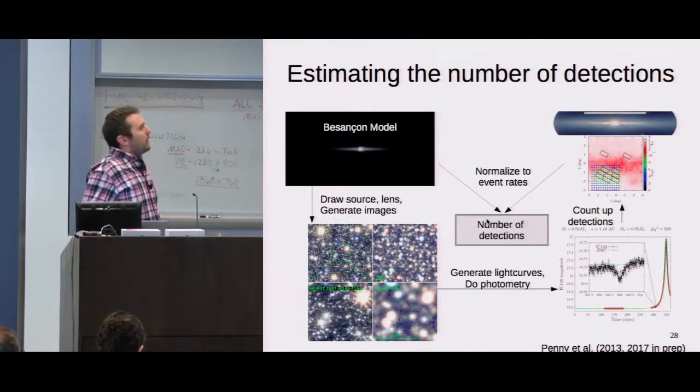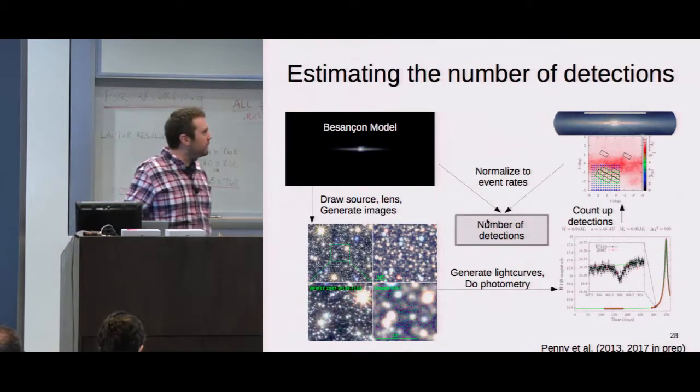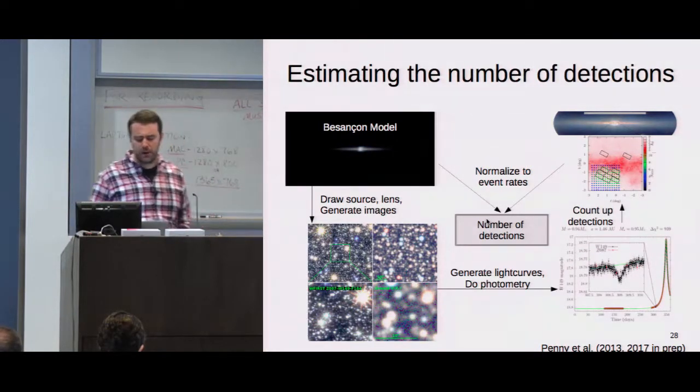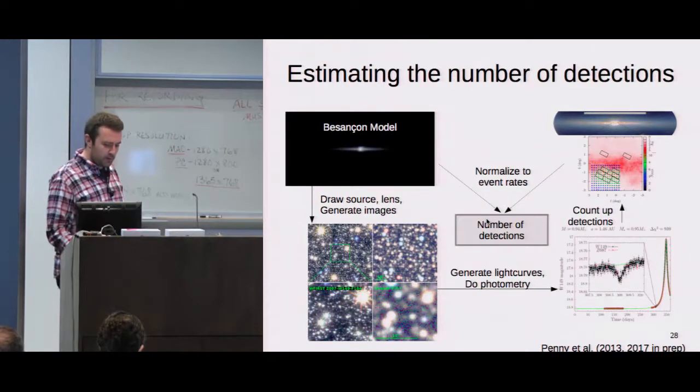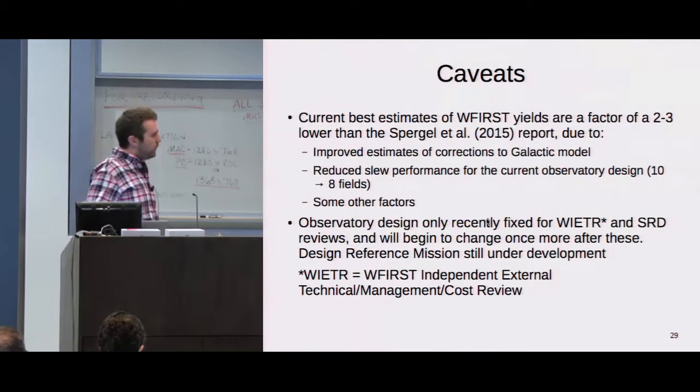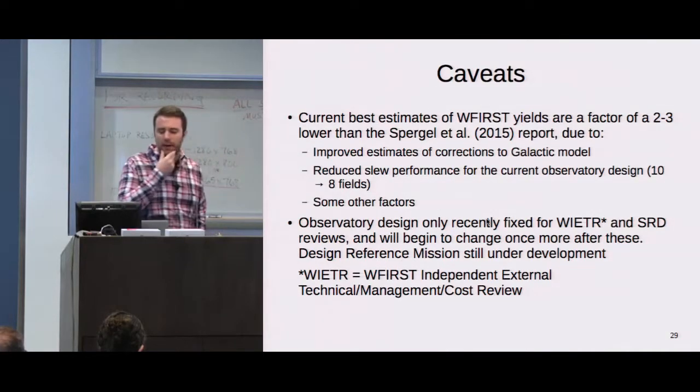So what are the actual yields? Rather than just doing the order of magnitude, I've spent a lot of my time the past 6 years, even longer if you include Euclid work, simulating space-based microlensing surveys. I won't go into the details, you can ask me later.